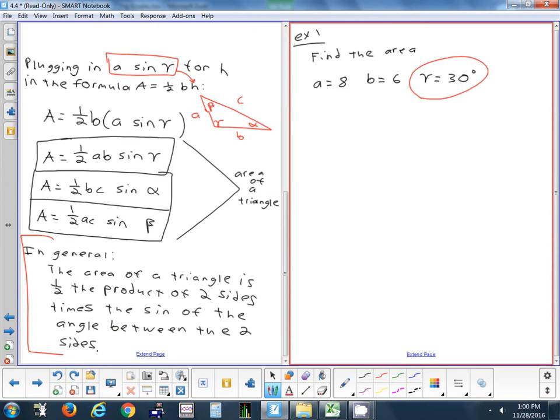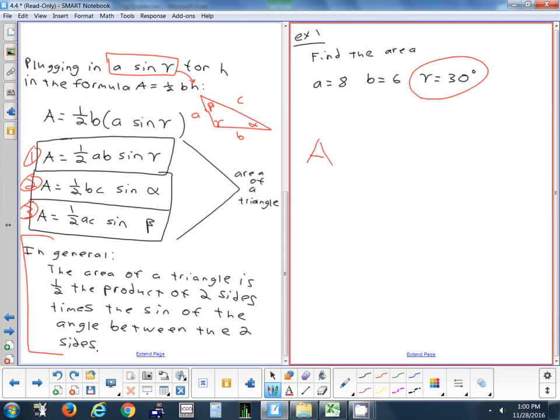So Tyler, if I look at the information that's given and look at my 3 versions of the formula, which version am I going to use here? First one. Yeah, I know A, I know B, and I know gamma. All I have to do is take what they give me, plug it in, and that's it.